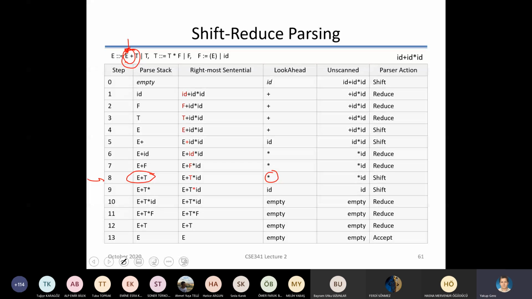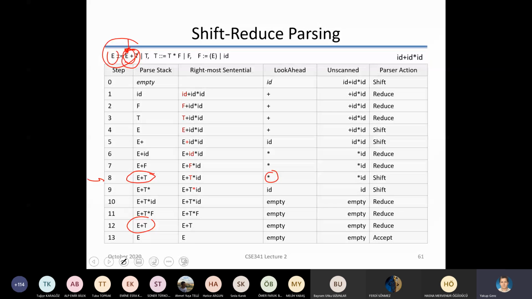So I do a shift, and I do another shift. Now I have ID on top of it. I can handle that one. That goes to F, and then F goes to T. Now I have the E plus T. Now then I can do this one, because if I have E, I don't have anything left in my input look ahead.